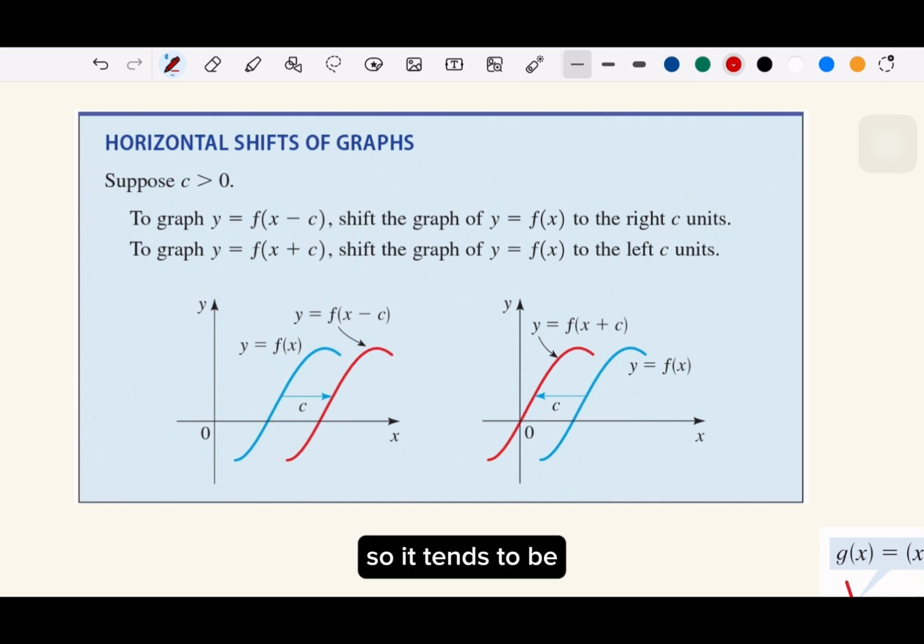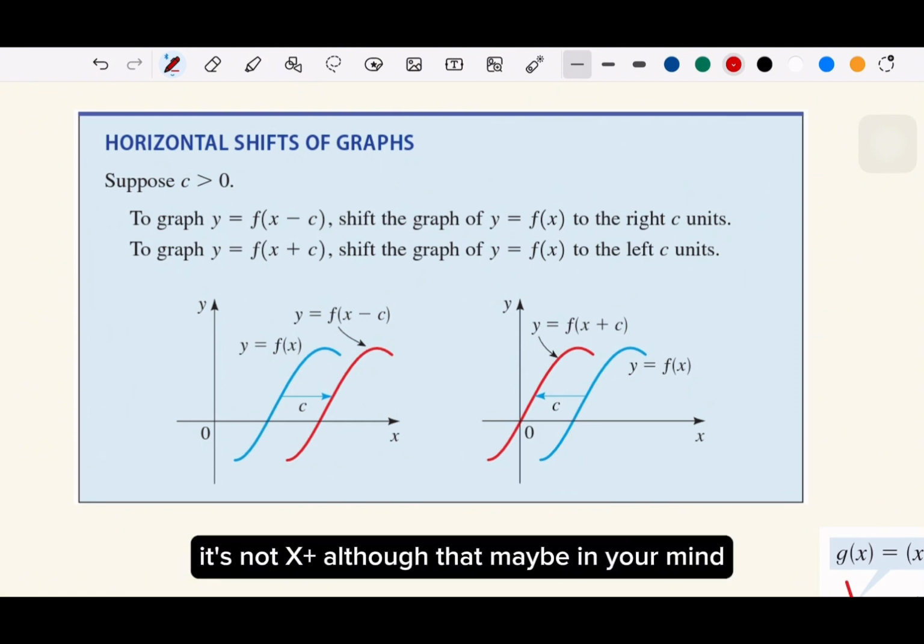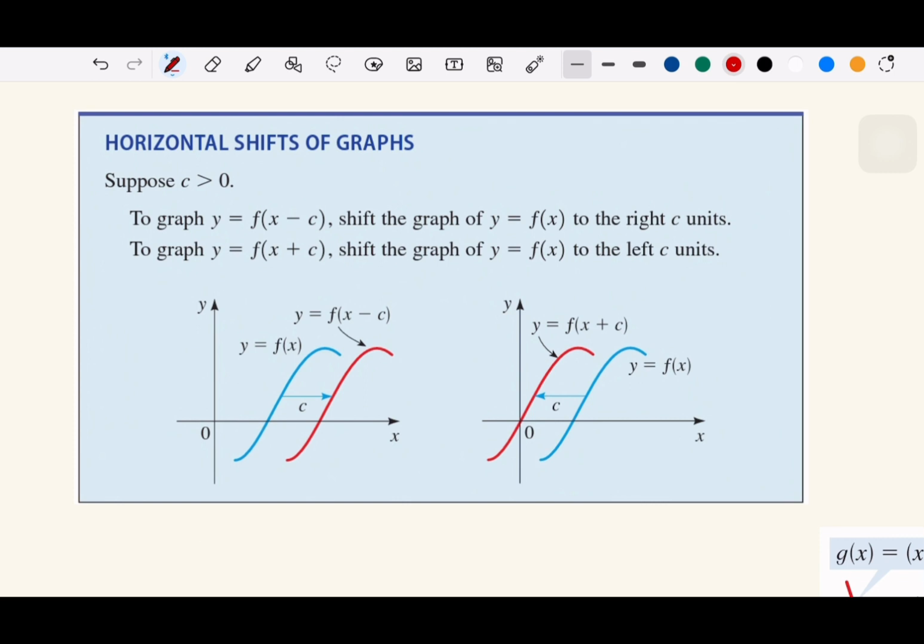It's not x plus, although maybe in your mind it's positive, so it should be plus. But remember, it's not the function, this is the variable, so it's going to be treated differently.